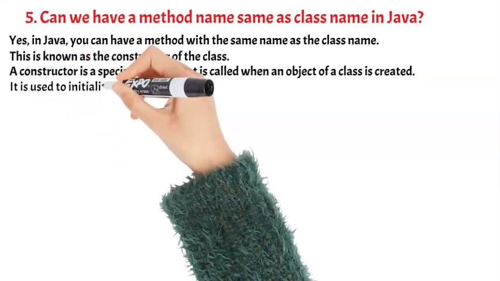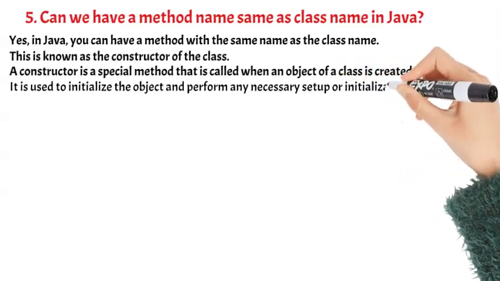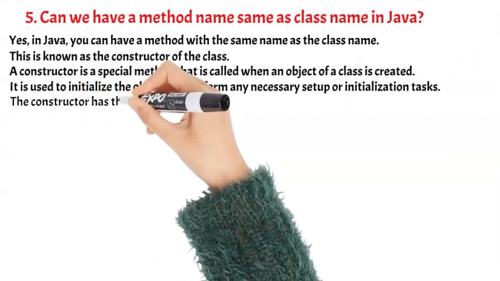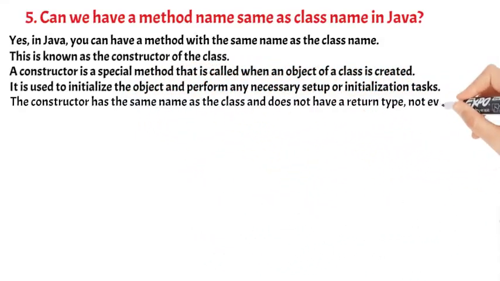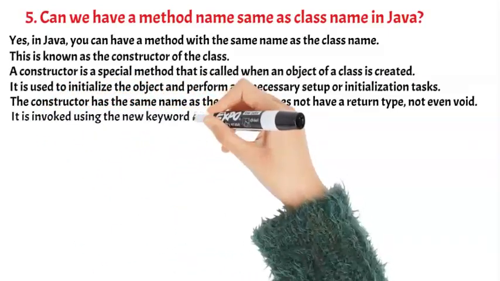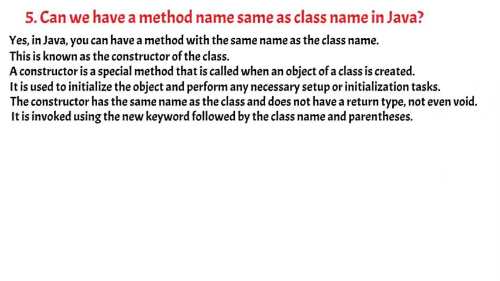It is used to initialize the object and perform any necessary setup or initialization tasks. The constructor has the same name as the class and does not have a return type, not even void. It is invoked using the new keyword followed by the class name and parentheses.